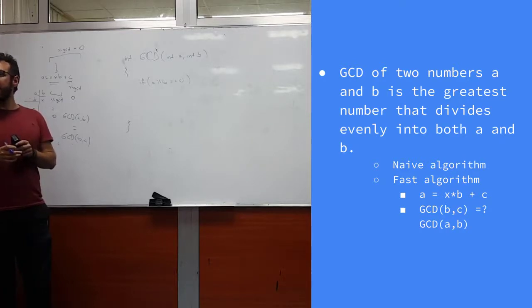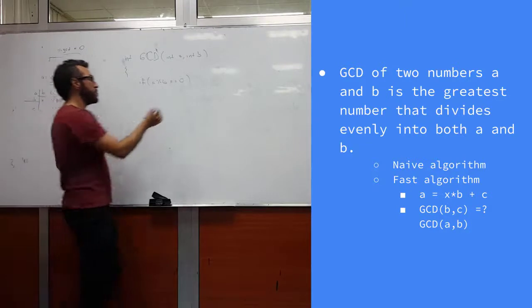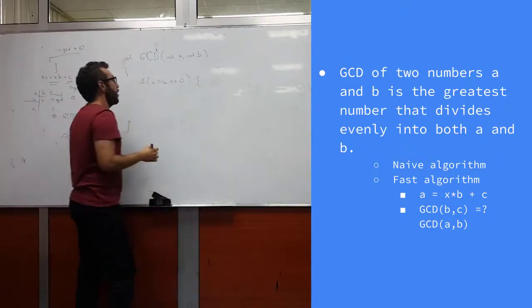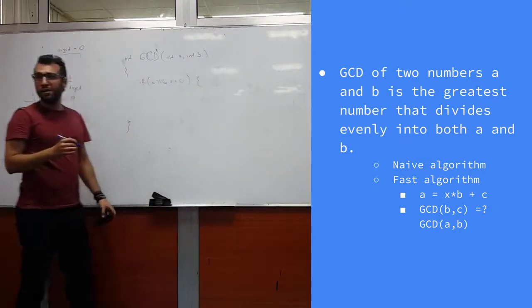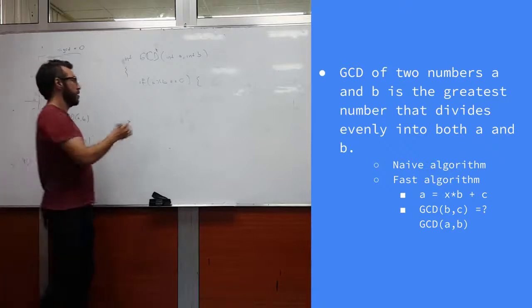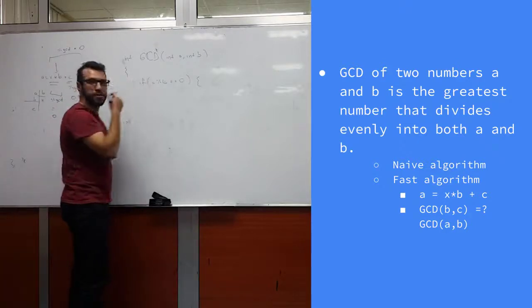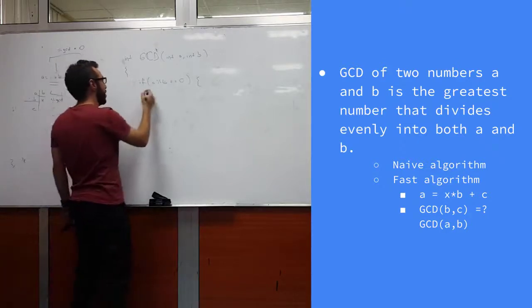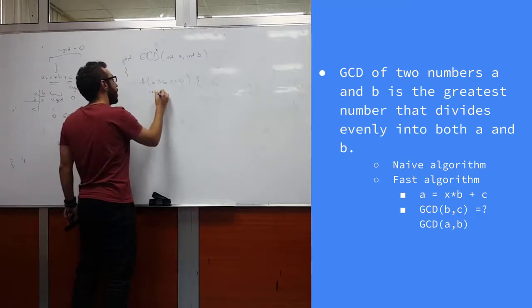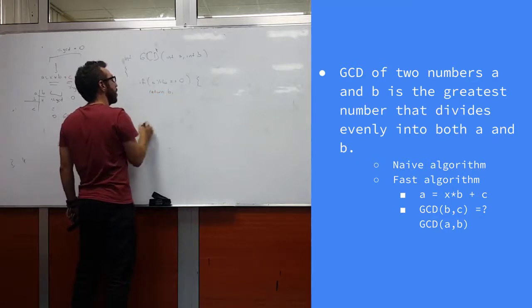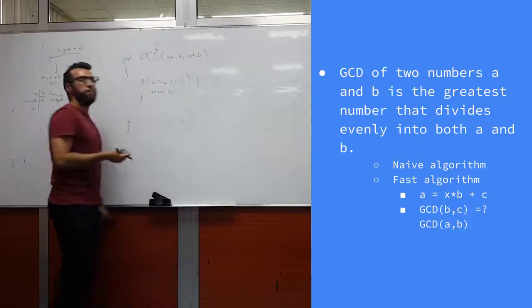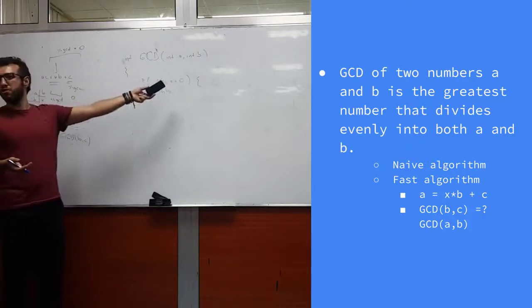Just return which one? Yeah. Just B, the smallest one. Let's say where B is the smaller one. I mean, if B is the greater one, there is no way it's going to be 0, right?